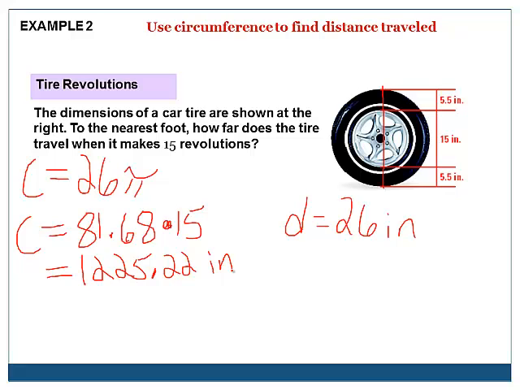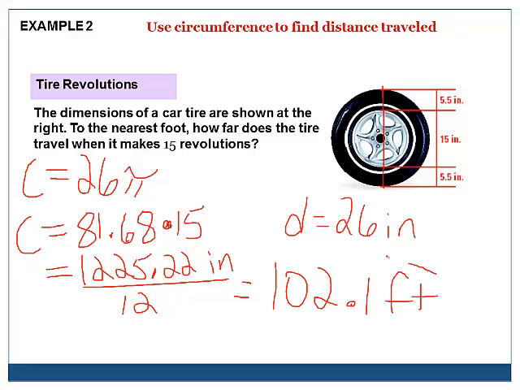It's asking for the nearest foot, and what we have now are inches. In order to find feet, we need to take our 1,225.22 and divide that by 12, because there are 12 inches in a foot. This should give us 102.1 feet. Remember, always put your labels. Always make sure there's a label on your answer.